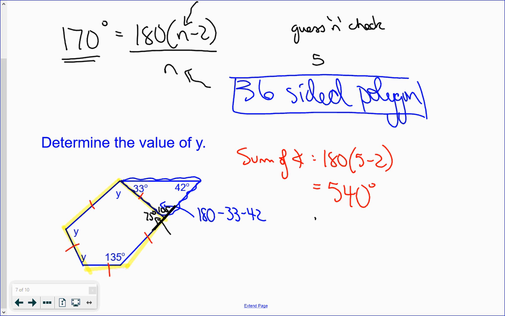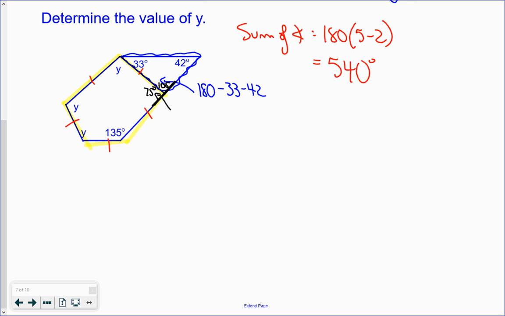So now this is where we do have a little algebra involved. So we've got y plus y plus y plus 75 plus 135. So those are all my corners. And that has to give me out 540 degrees. Okay?